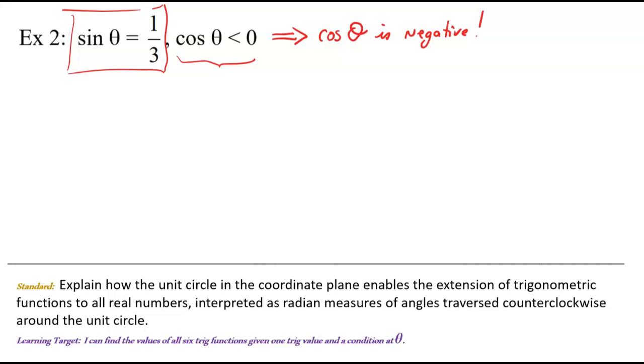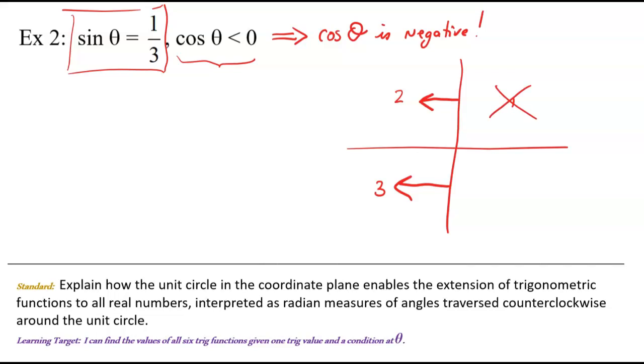Now, all I'm doing in this first slide is showing you my thought process. I know if cosine is negative, then my x value is negative. That means I'm going to be either in the second quadrant or the third quadrant. I can't be on the right side. If cosine is negative, I have to move to the left.